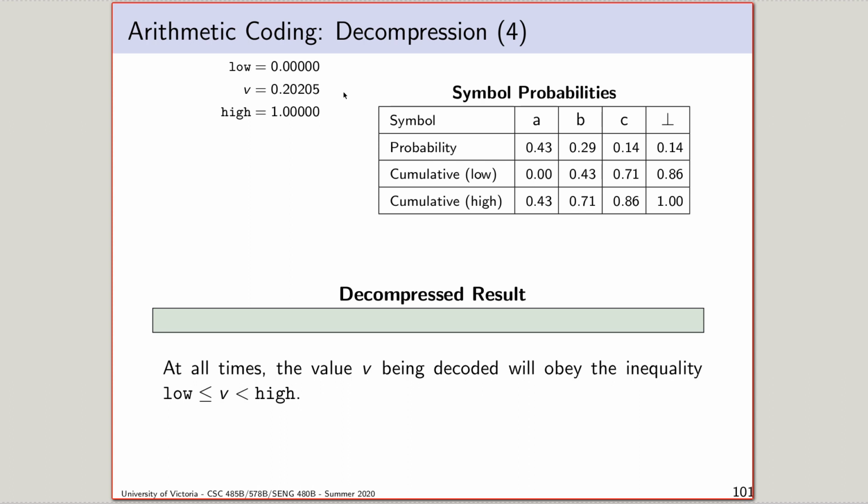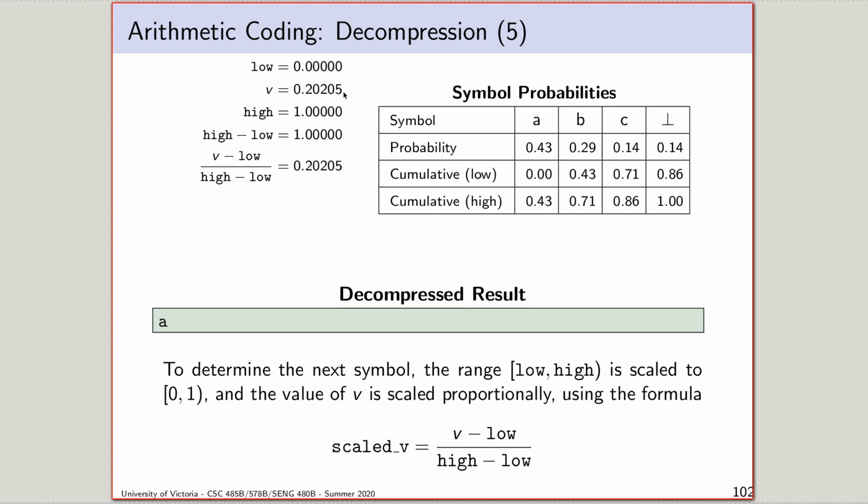And you'll notice at all times the window low-high, because V, during compression, was chosen as a representative from the final value of low and high from that window. Low and high as we go will slowly converge towards V. V will always be between those two values. So if I want to determine the next symbol, what I do is I scale the range low-high to 0, 1, and I scale V proportionally using this formula.